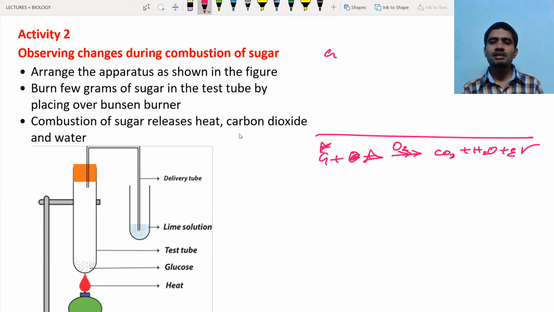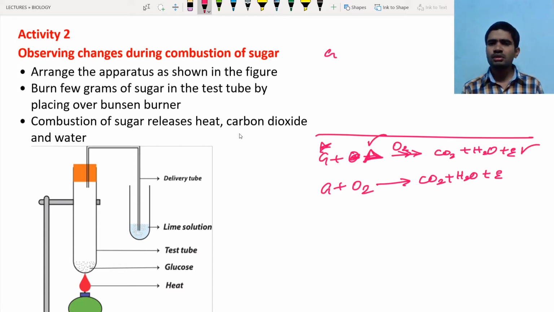But in cellular respiration, glucose plus some amount of oxygen is utilized for the production of carbon dioxide plus water plus energy. In combustion, you have to provide some amount of external energy with the help of a Bunsen burner or something. The triangle or delta refers to the change in energy, as we are supplying heat. But in cellular respiration we do not provide any external heat.